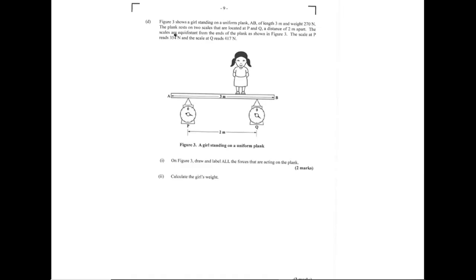The scales are equidistant from the ends of the plank as shown in figure 3, and the scale at P reached 354 newtons and the scale at Q reached 417 newtons. And then they give you this picture with this girl, and then they said on figure 3, draw and label all the forces that are acting on the plank.